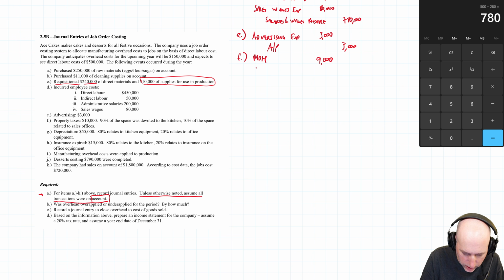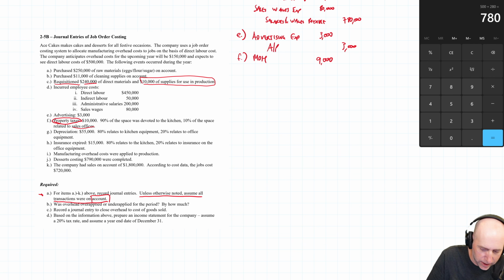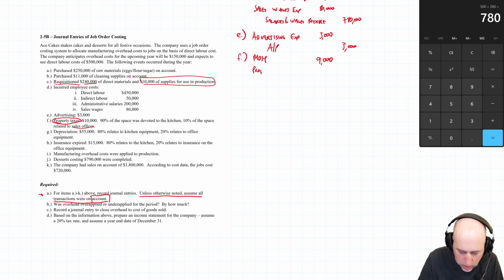And what about the rest of it? Well, the 10% is office cost. You don't debit sales office expense or admin expense or selling expense. You debit property tax expense. That's something that students do get wrong from time to time. Property tax expense, $1,000.